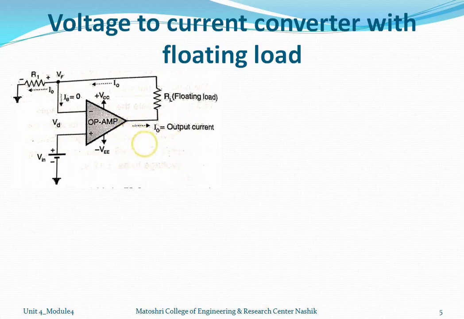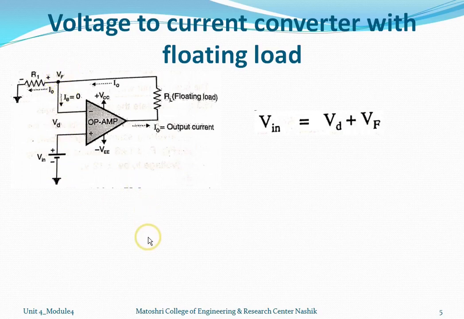Now if we apply KVL to this input loop, we get the input voltage equals the differential voltage plus the feedback voltage.